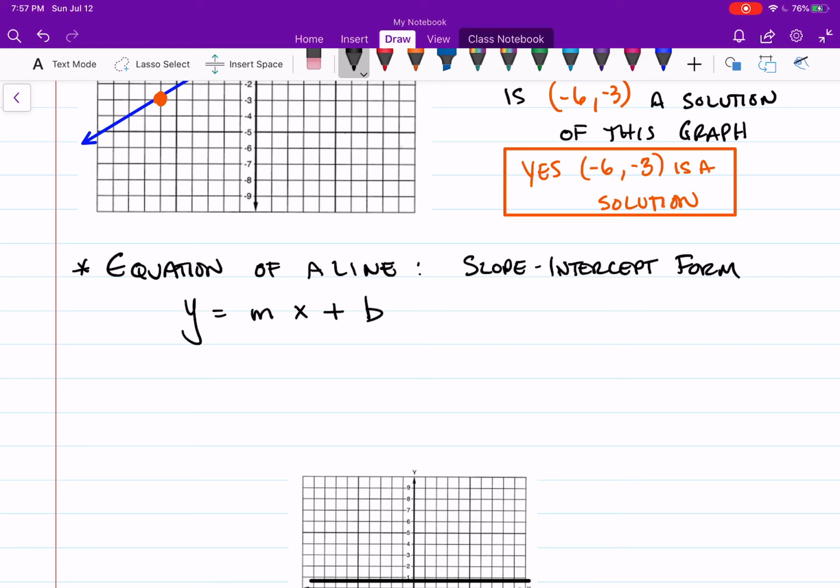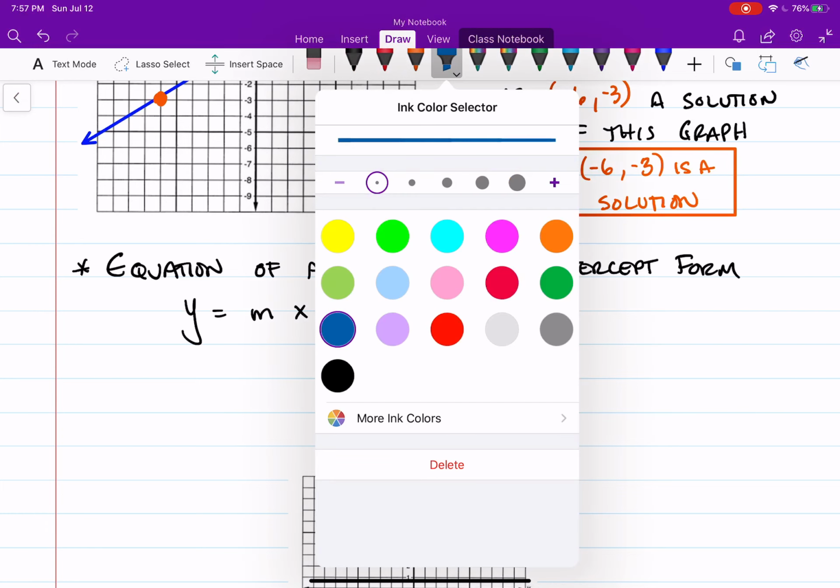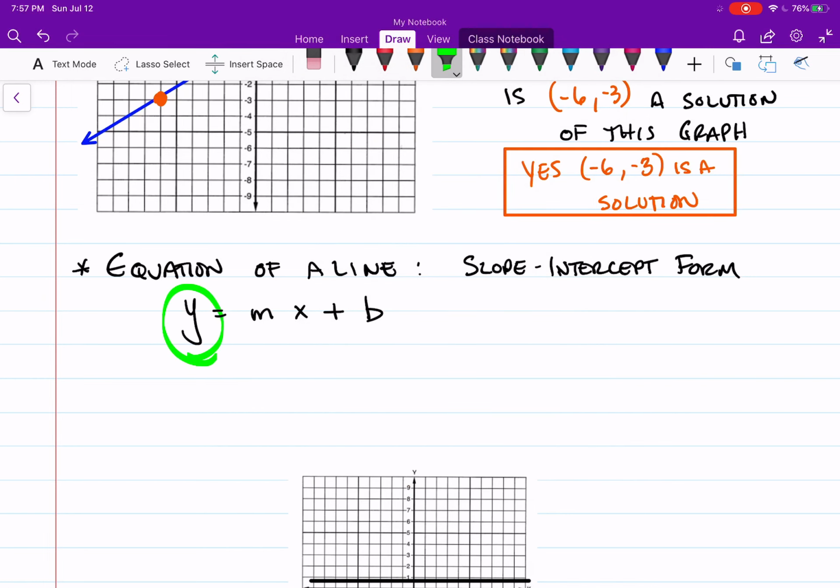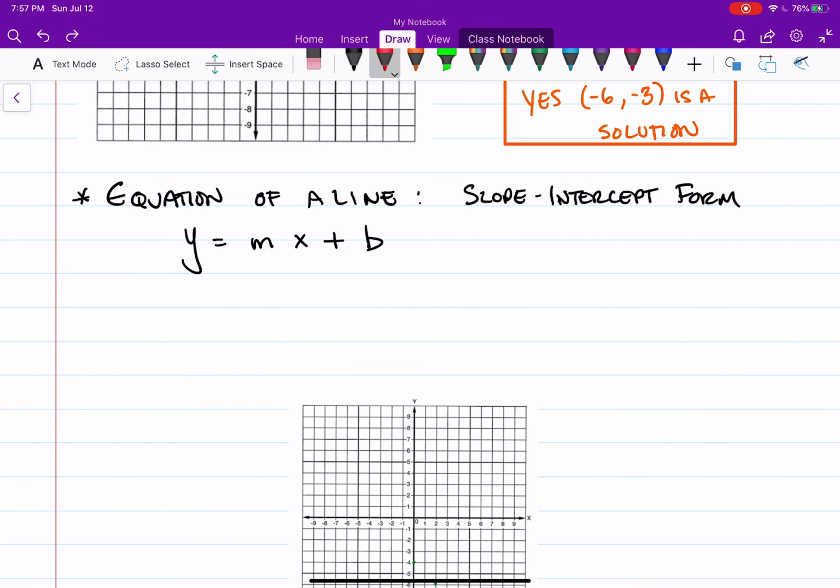All right? So y equals mx plus b. So with that being said, what does this mean? It means that if I get y all by itself on one side, then I will know what the slope is and what the y-intercept is. Okay? So let's take a look. So let's talk about the y-intercept here.